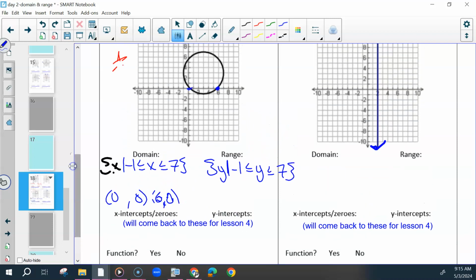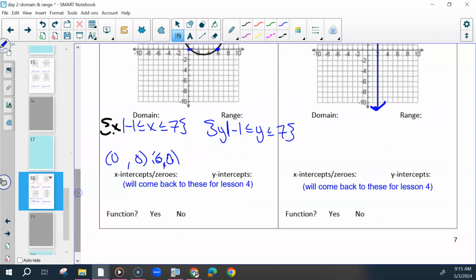Y-intercepts. Sure, I'm just going to say mine's at 0 and 5 or 6. It's not actually, you have to make the decimal, but that's okay. Function.